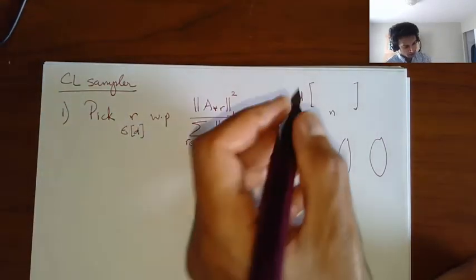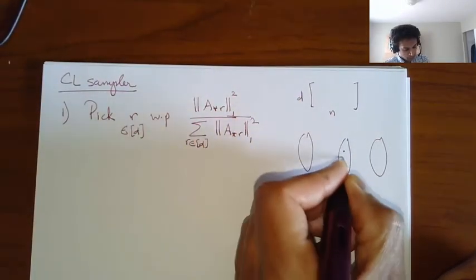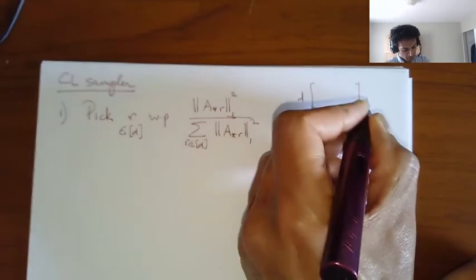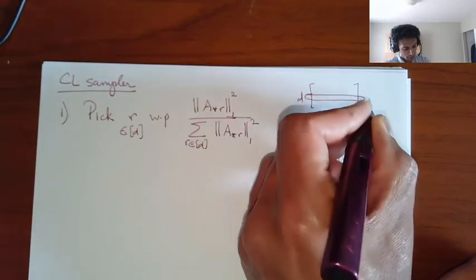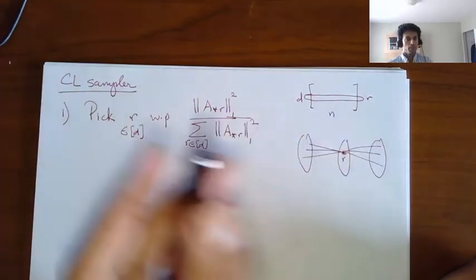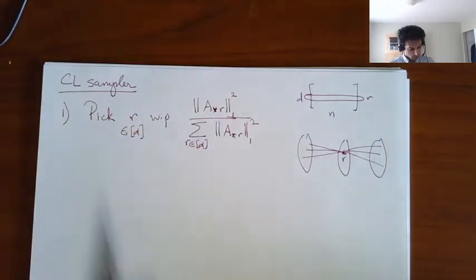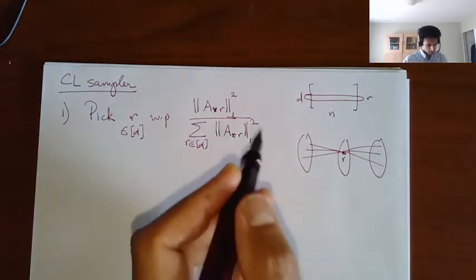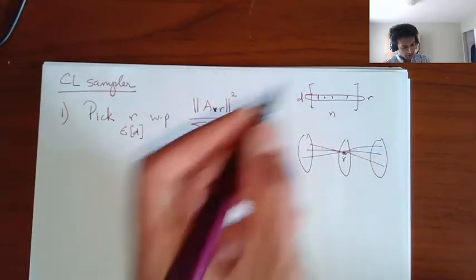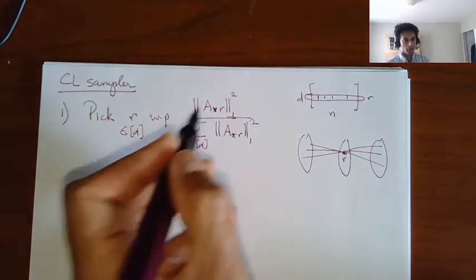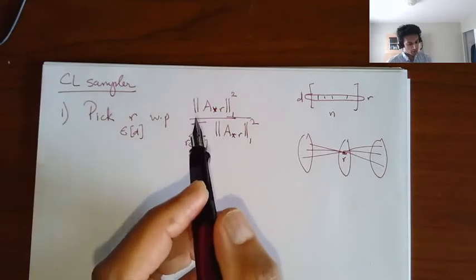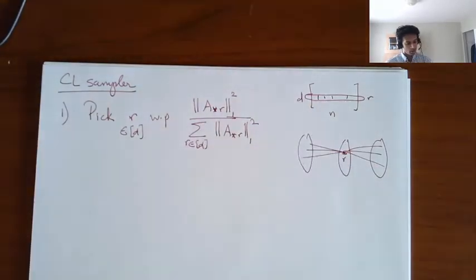So the first thing I'm going to do is pick a vertex in the middle, which is equivalent to picking a row in the matrix. I pick it proportional to a seemingly funny quantity: I look at the L1 norm of this row, I look at the square of it, and I pick it proportional to that square.